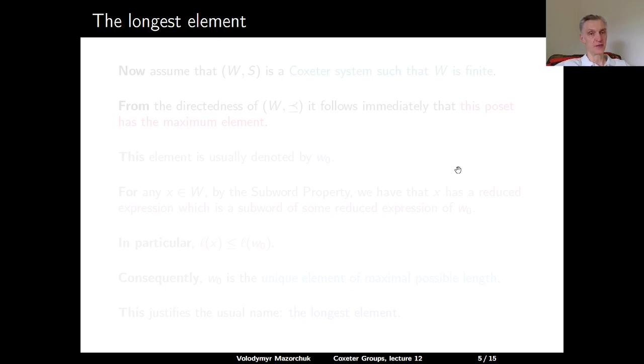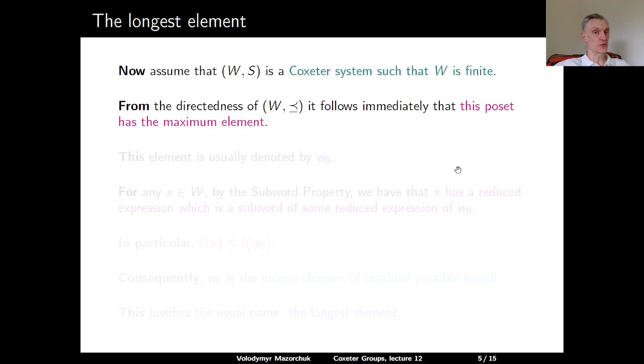Now we can define the main protagonist for today's lecture, the longest element. So let us assume that our Coxeter system (W, S) is such that W is finite. Then, from the directedness of W, it follows immediately that our poset W with respect to the Bruhat order has a maximum element, because any pair of elements has something which is greater than both.